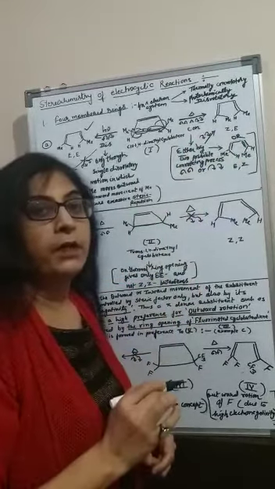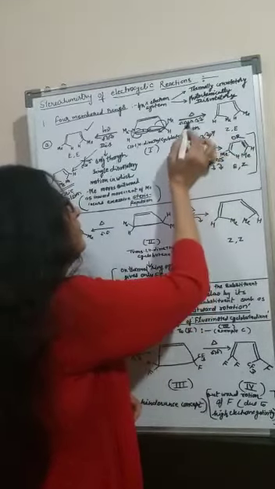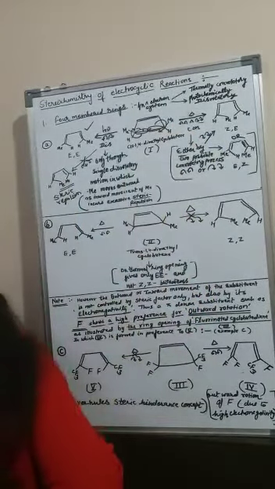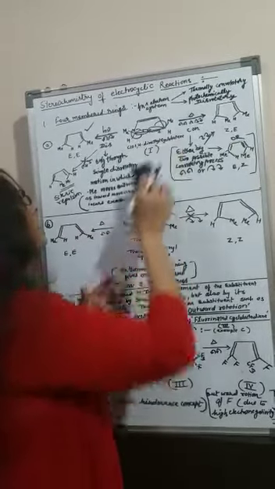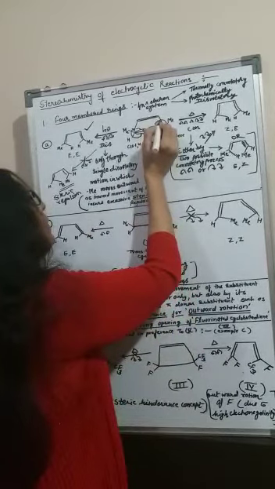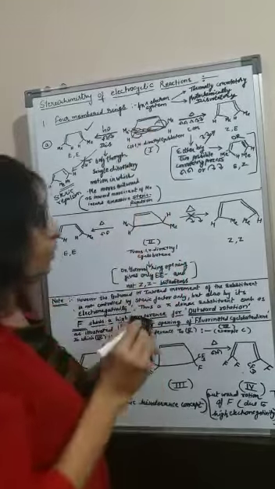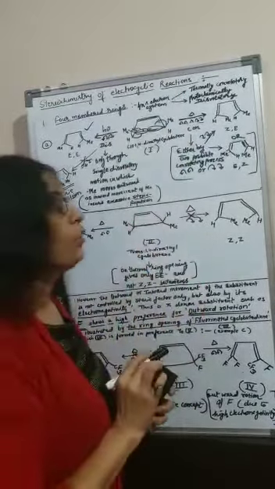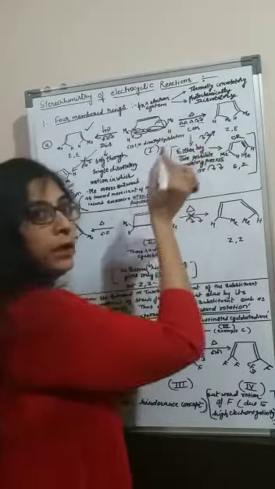The other possibility of the conrotatory process is also there. The reverse means both are moving anti-clockwise. Both carbon atoms' substituents are moving anti-clockwise, so these arrows are on the same side.